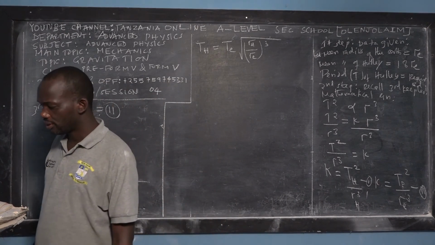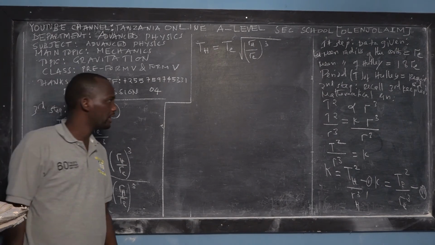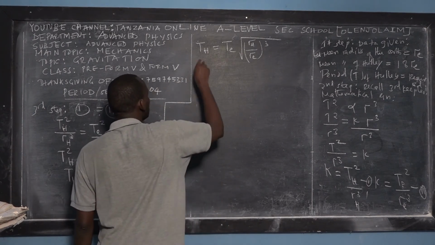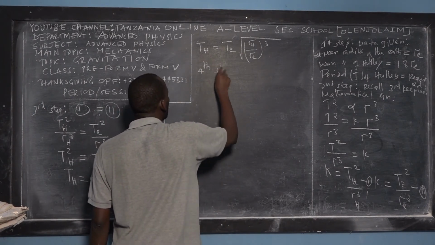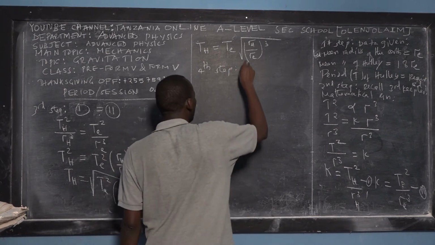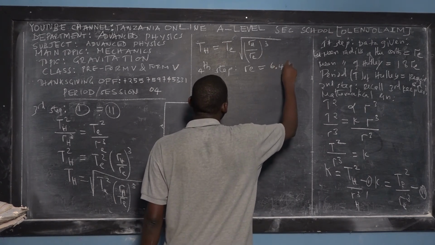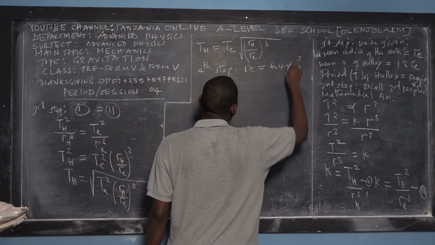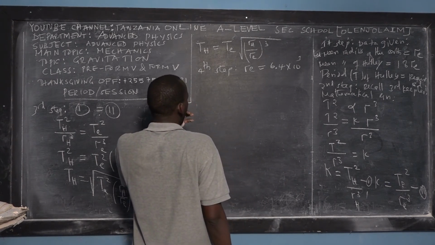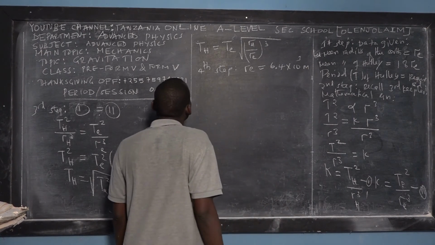What will be the period of the Earth? One year. The period for the Earth to revolve around the sun. The radius of the Earth is 6.4 meters.